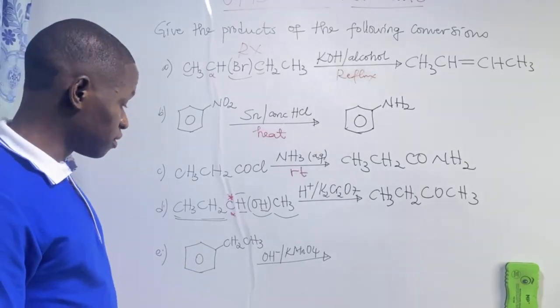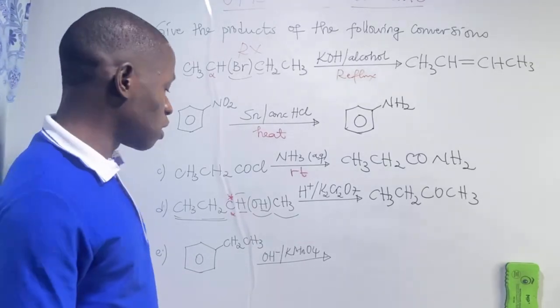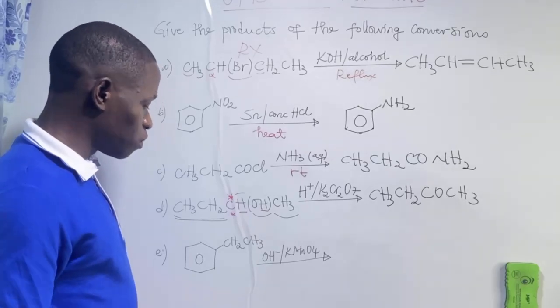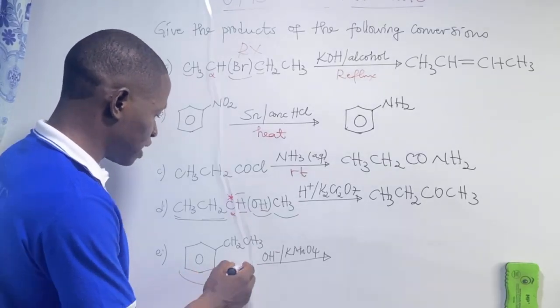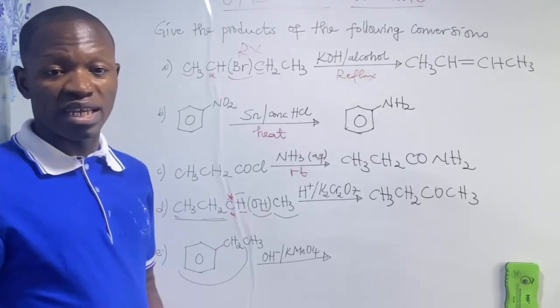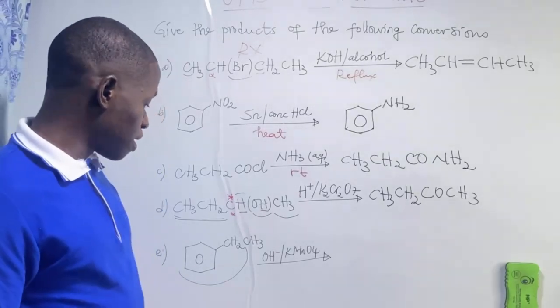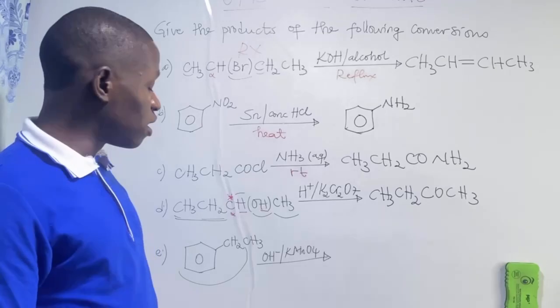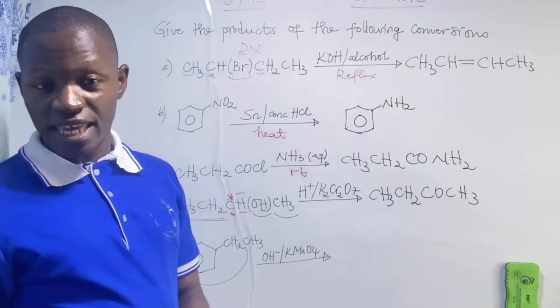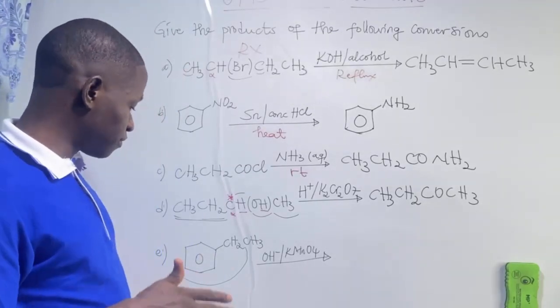So we can call this compound phenylethane, or you can also call it this group. When you have the benzene ring together with CH2, you call that one a benzyl. So this is benzyl methane, or phenylethane.